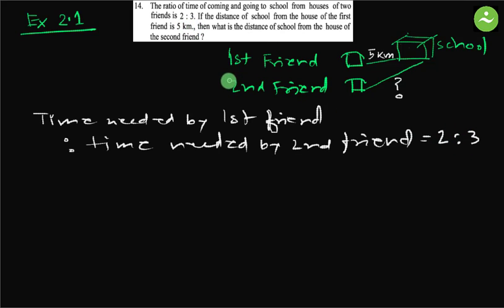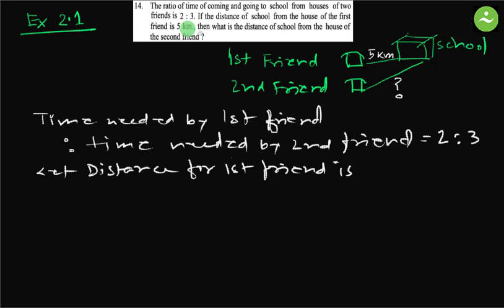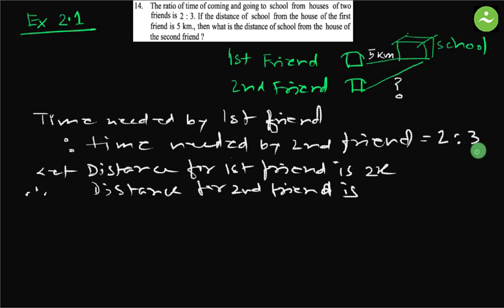Now let the distance for the first friend be the first quantity, so we can say let the distance for the first friend is 2x. Therefore, because the ratio is 2:3, the distance for the second friend has to be 3x.